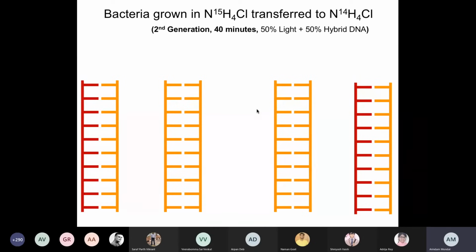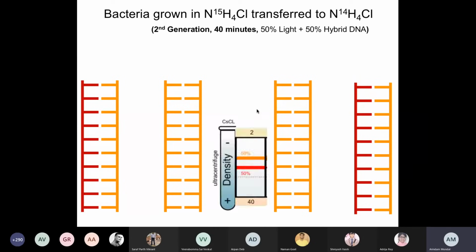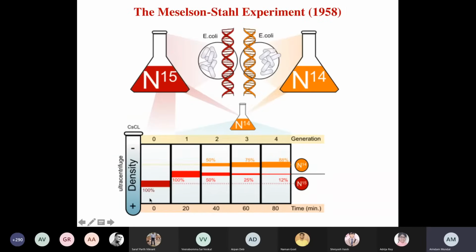So you can again layer them on the top of the density gradient and you should be able to see two bands: 50% hybrid, 50% light. If you keep on collecting bacteria, isolating their DNA and performing this density gradient experiment, this is the trend that you will be seeing.